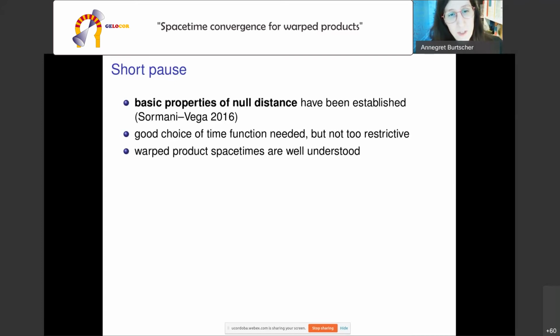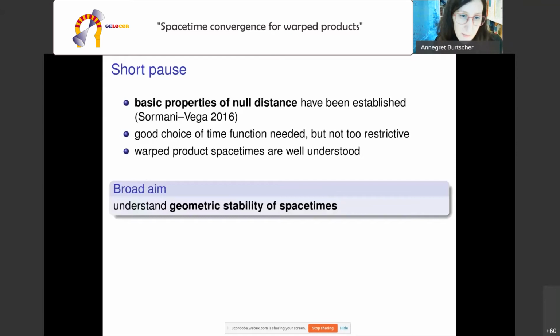And in particular, in the case of warped product spacetimes, this is very well understood, and this concept of a null distance is a very rich notion, because it also includes this causality encoding property. And so the main broad aim is then to use this null distance to study geometric stability of spacetimes. And this is what we set out to do.